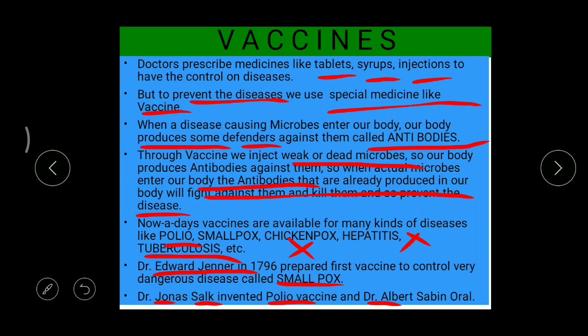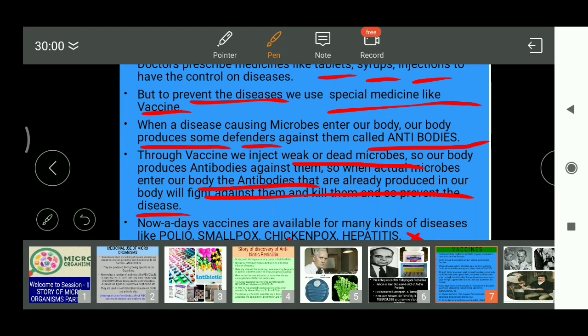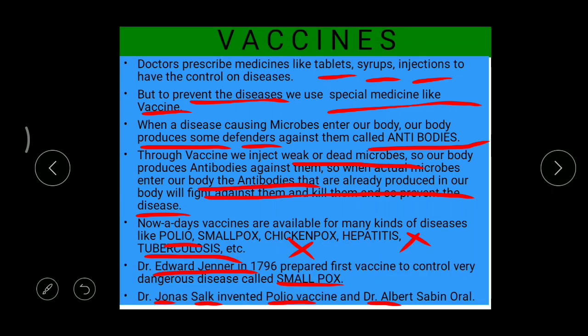Have you seen this medical department people giving this vaccine? They are dropping some fluid into the mouth of children. Have you seen that? What do you call that vaccine? That is called the oral polio vaccine, right?